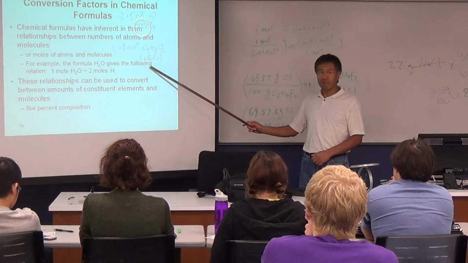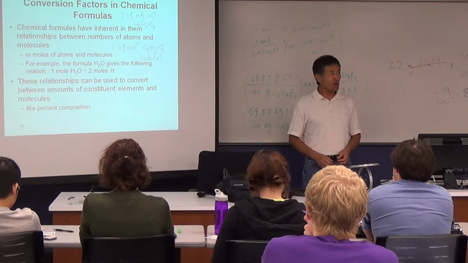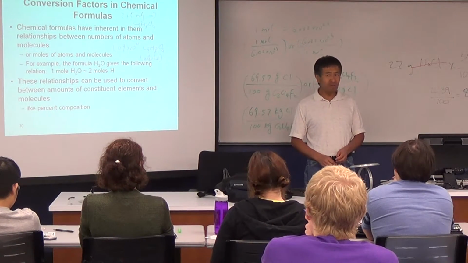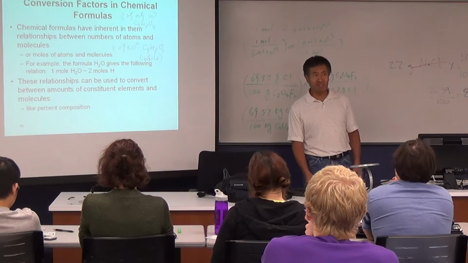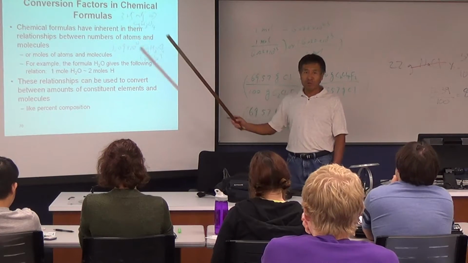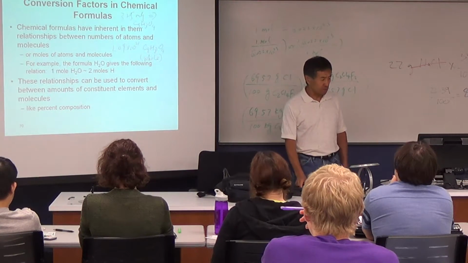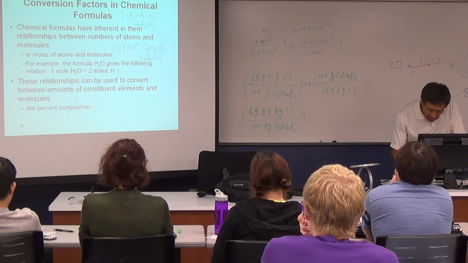And you have this one molecule, that is 1. Then you can see how many carbon and how many H you have. Understand? This is what we talk about in this section: those chemical formulas you can use as conversion fractions.